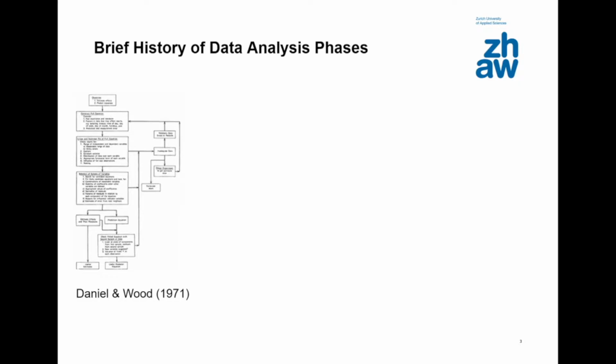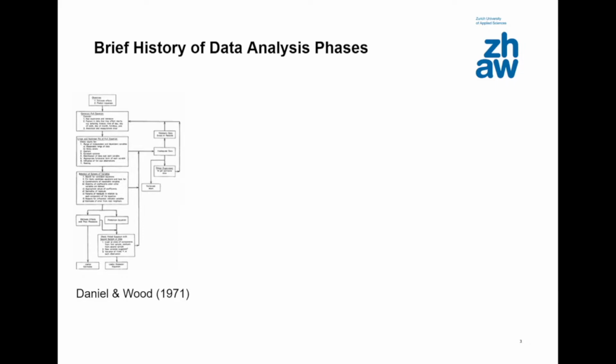So, but now to the phases of a data analysis. Well, this is a thing that has been looked at since a long time, and also how it should be linked between the different phases.